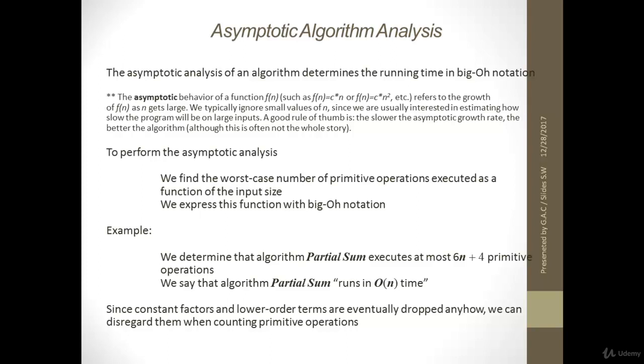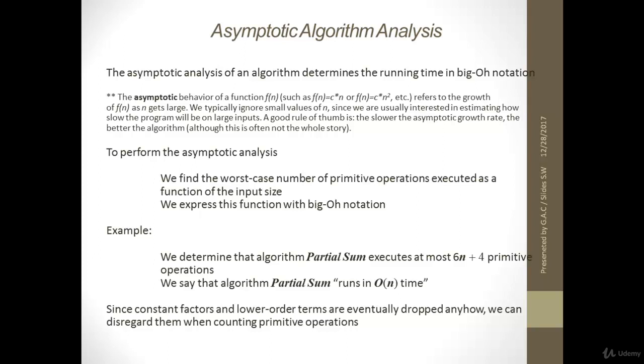We express this function with big O notation. Example: we determine the algorithm partialSum executes at most 6n plus 4 primitive operations. So when we have 6n plus 4, we say that algorithm partialSum runs in O(n) time.